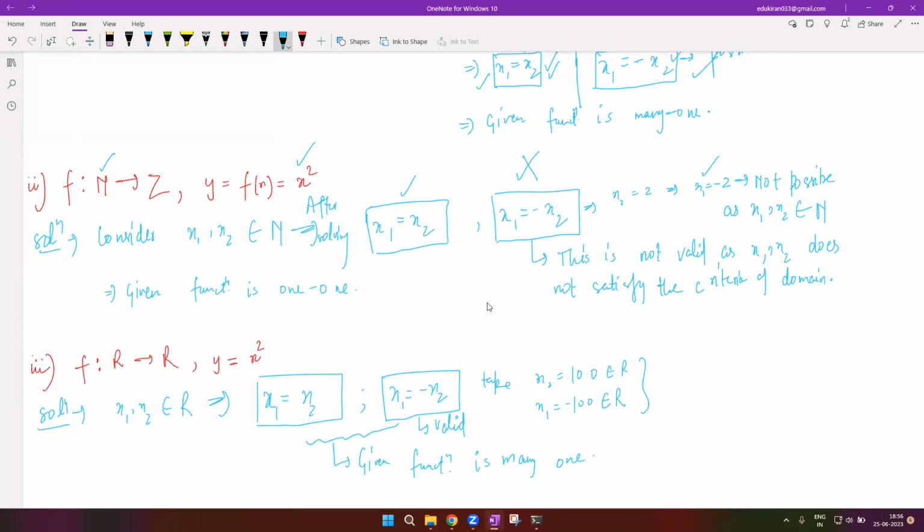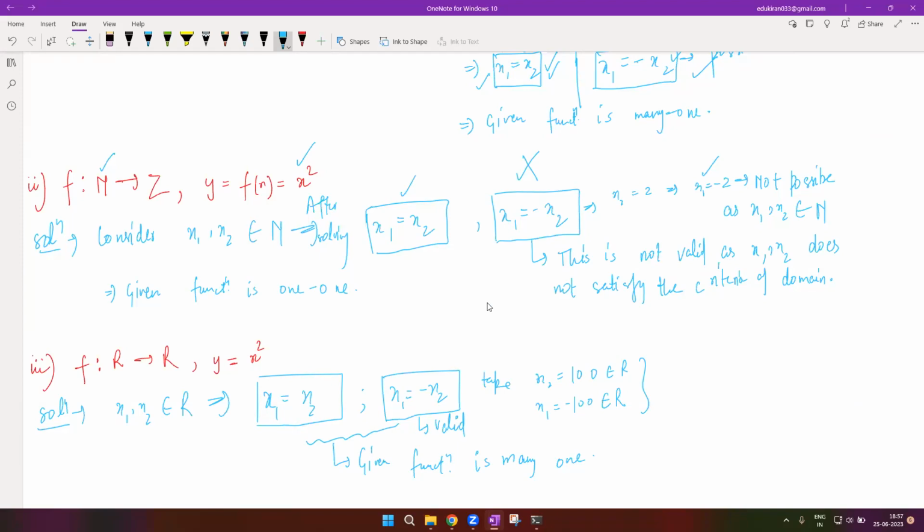That is why I told you when we were studying 1, 1 and many 1, that 1, 1 and many 1 is a property of domain. If you change the domain for the same expression, it may be possible that your type of function also changes. You have an example in front of you.